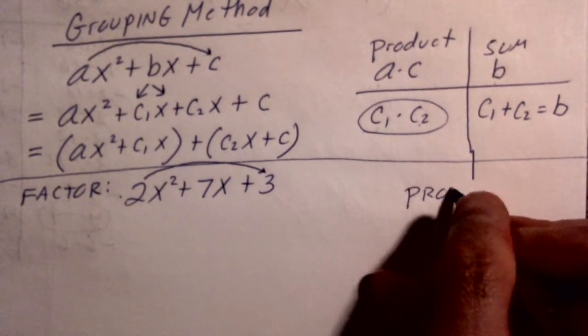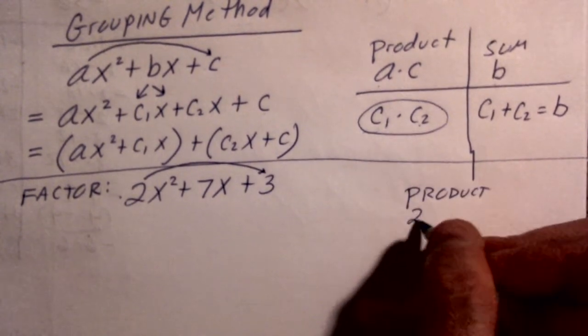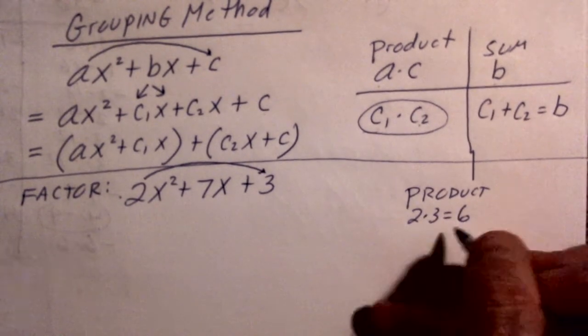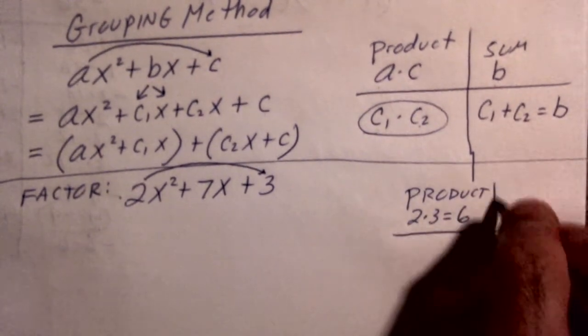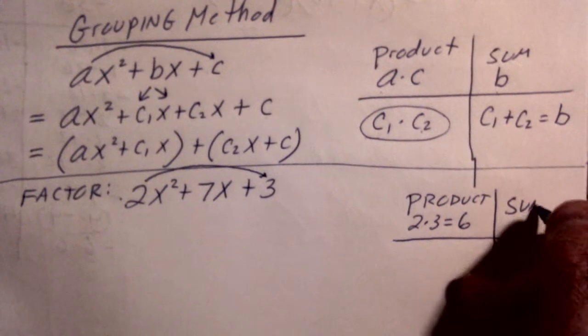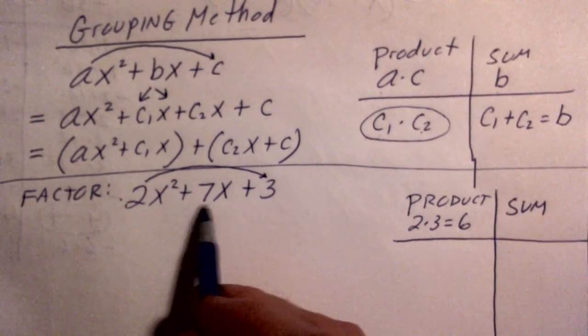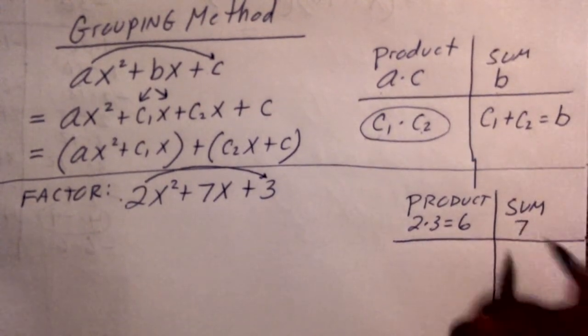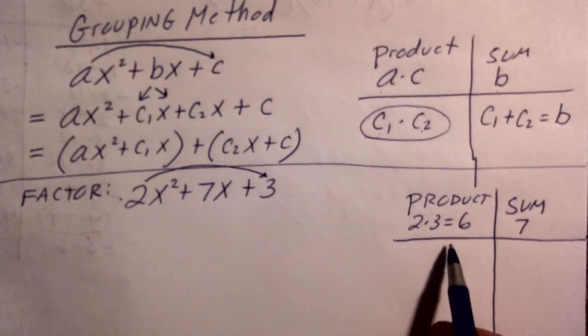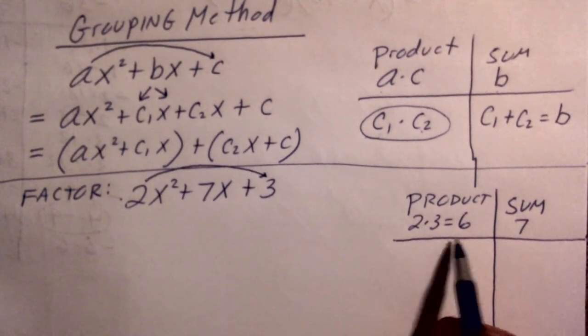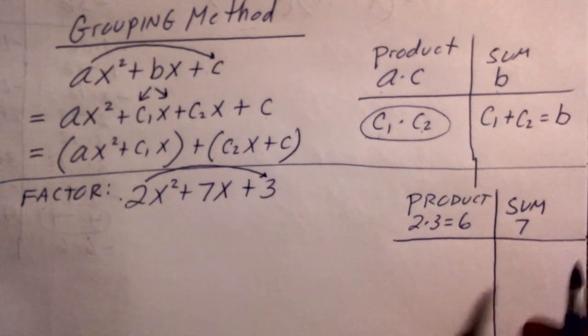So our product here is going to be 2 times 3, which is 6. That's our product. And our sum is going to be the middle coefficient, which is positive 7. So what we need now is to find two factors of positive 6 that add up to the middle coefficient of positive 7.